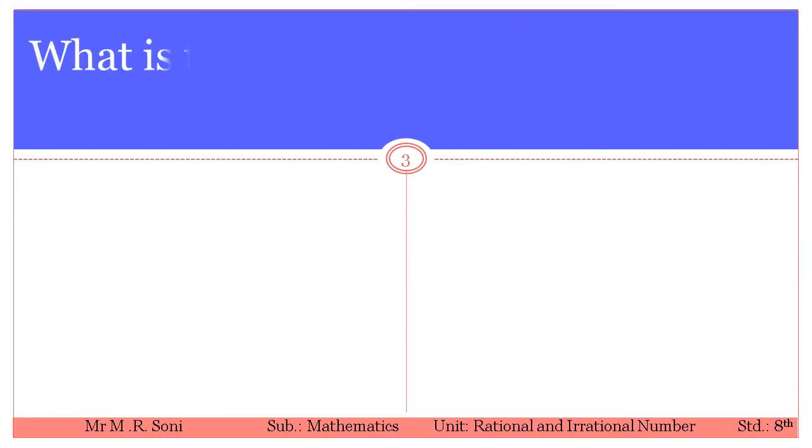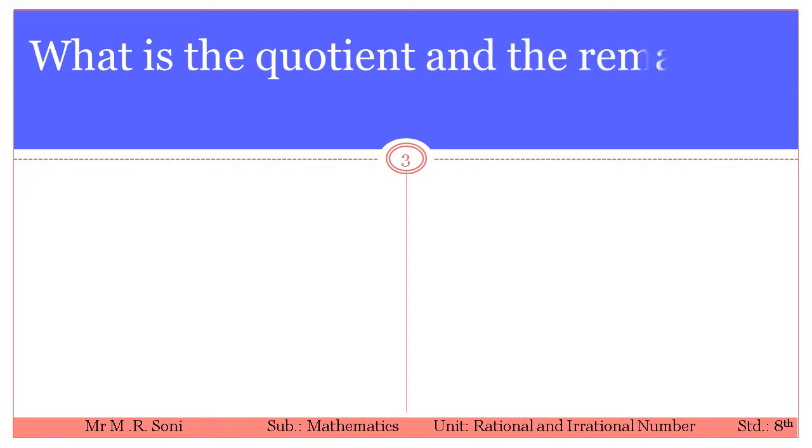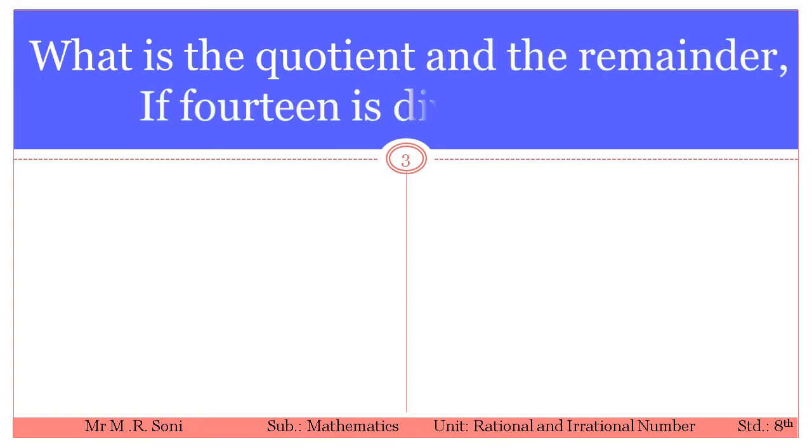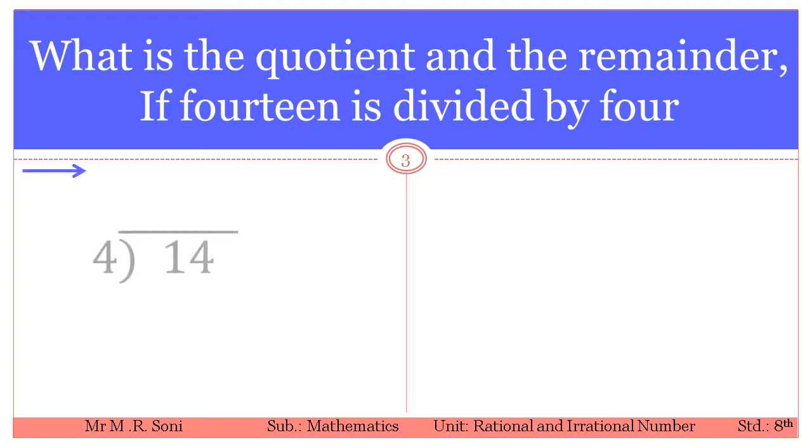What is the quotient and the remainder if 14 is divided by 4? You can pause the video and try. Once you are done, you can resume the video and check your answer. Let's solve it together, as 4 is the divisor and 14 is the dividend.